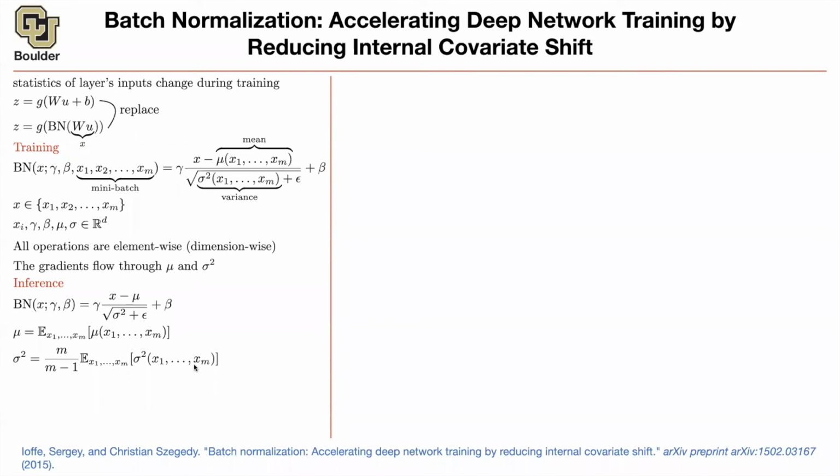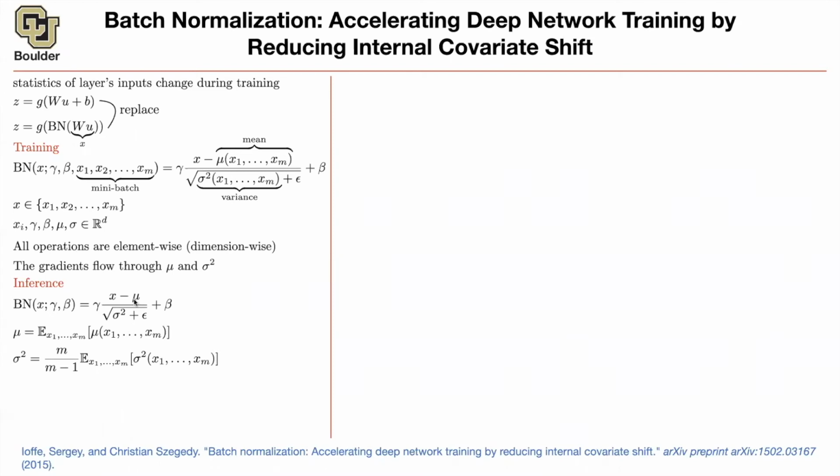So these are the two numbers that you put in at inference to make your network deterministic. Now your network is deterministic, you can put it into production. The same way that gamma, beta, weights, and biases are fixed during inference, mu and sigma are just going to be a bunch of other vectors.